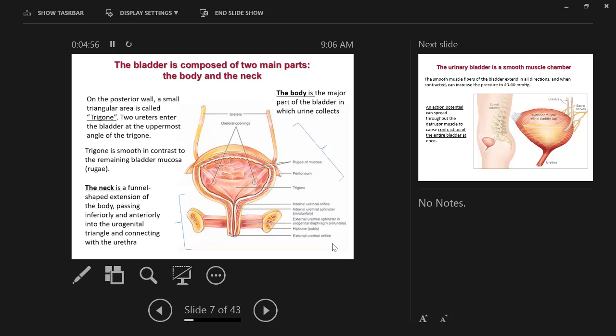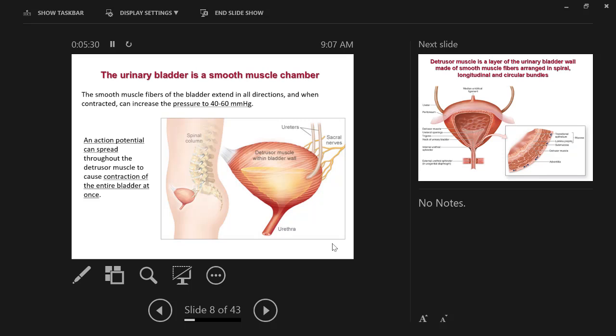The surface of the trigone is really smooth, and the other part has a rough surface, called the rugae, I cannot pronounce it, you figure it out. The trigone is important because the ureters connect into the angles of the trigone, and the urine goes down.